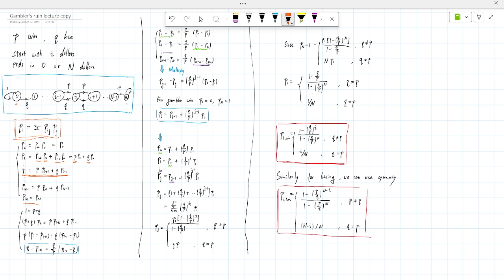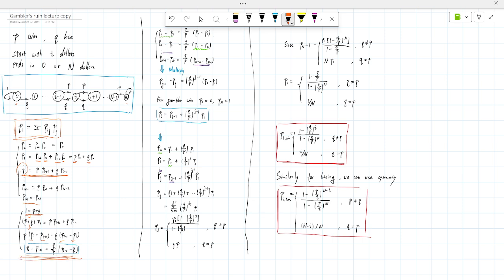Since P plus Q equals 1, we can express the left-hand side of this expression as P plus Q. We do some algebra and put it so that it looks in a similar format of Pi plus 1, Pi minus 1, Pi, and Q over P. So you get this expression.